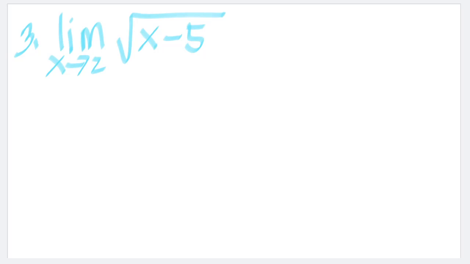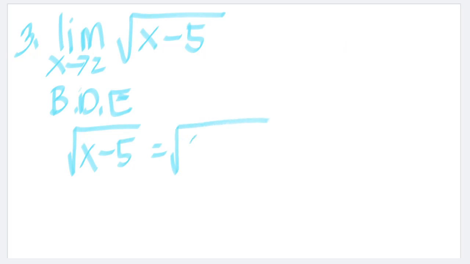The same as usual with the previous two examples, by direct substitution, the limit of the square root of x minus 5 as x approaches 2 is the square root of 2 minus 5, and that is the square root of negative 3. And the square root of negative 3 is an imaginary number.